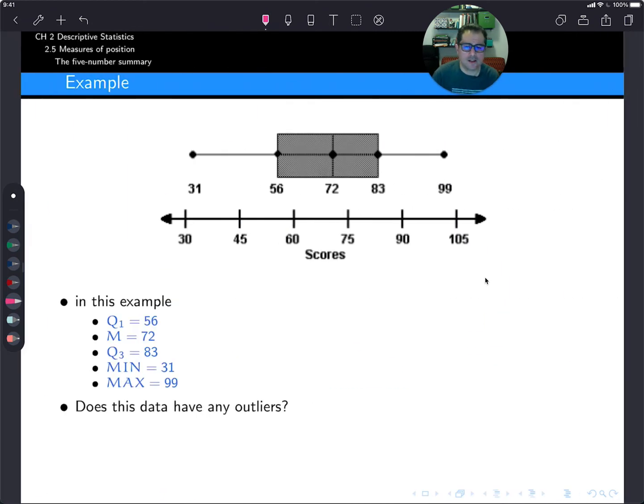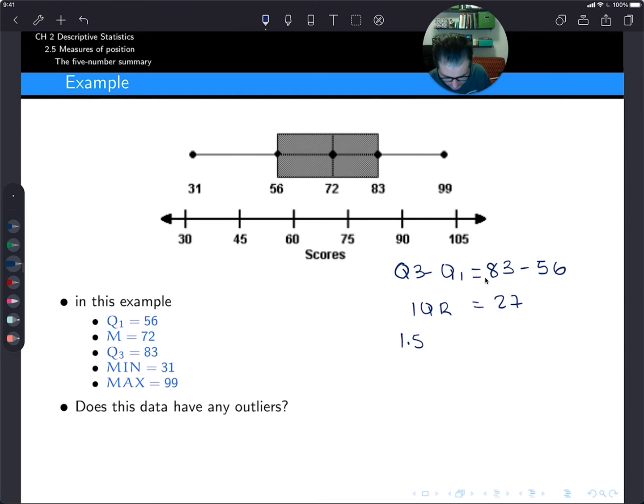Now, question, does this data have any outliers? Well, let's find out. If I do Q3 minus Q1, it's 83 minus 56. So this is, I believe, a 27, right? So 1.5 times that, this is the IQR.